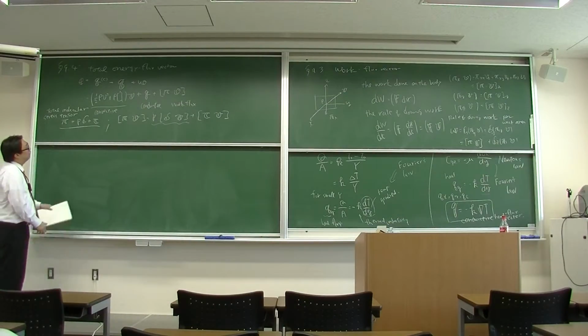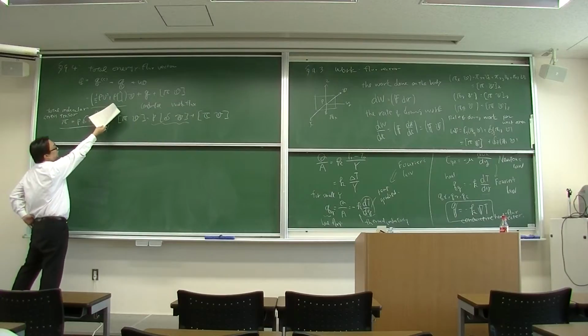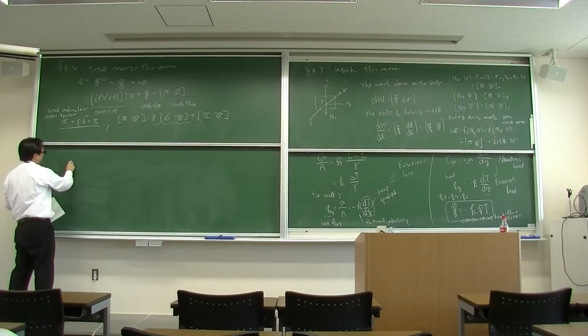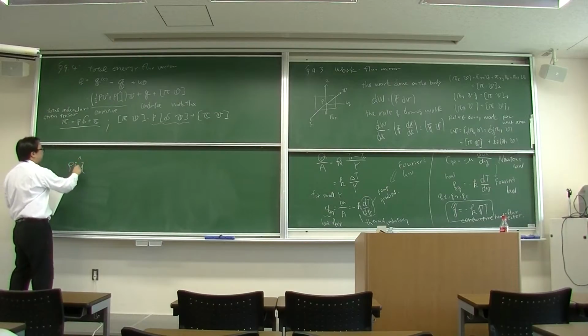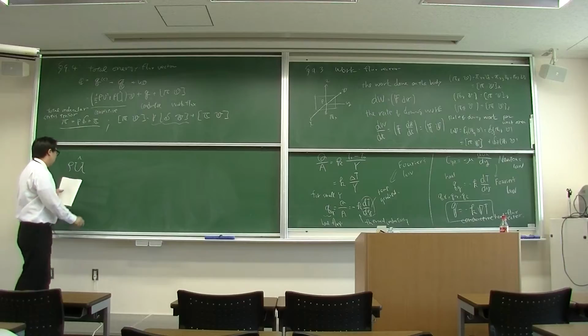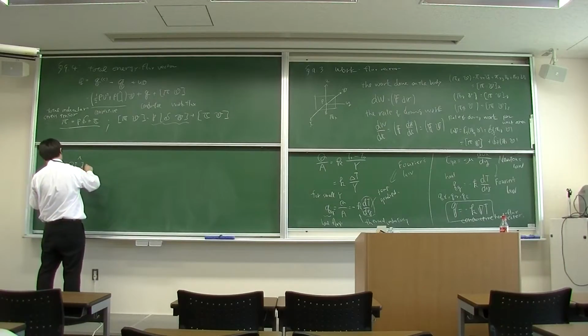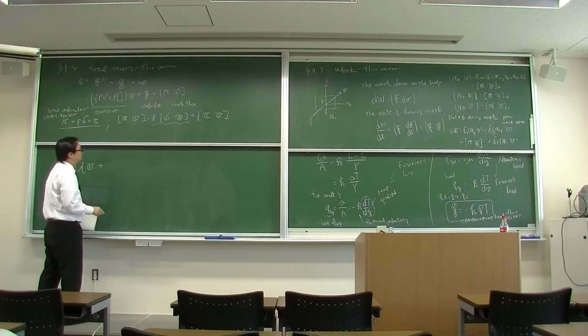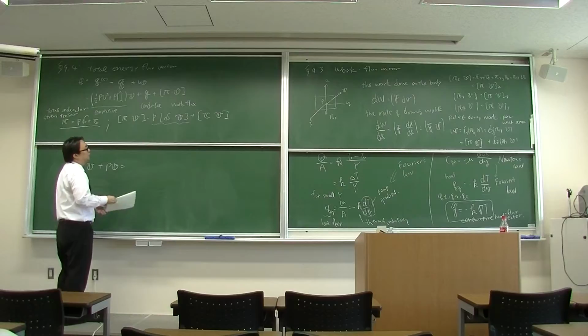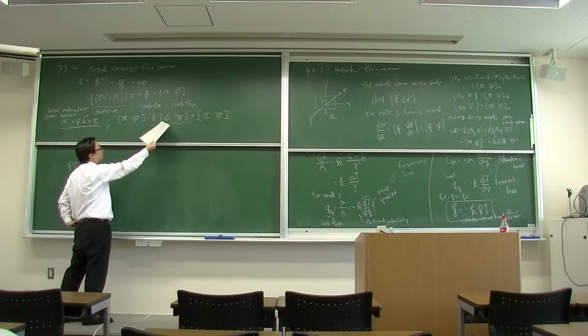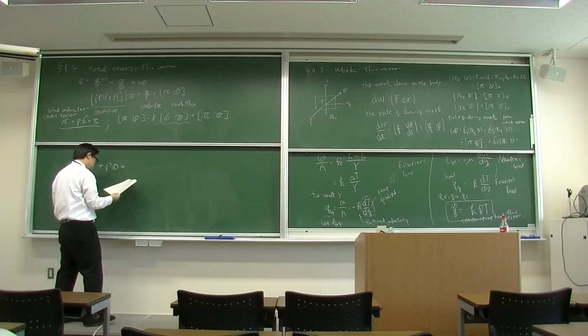Here, this is internal energy per unit mass, multiplied by V, plus EV. Because this is the unit vector, we can omit delta.